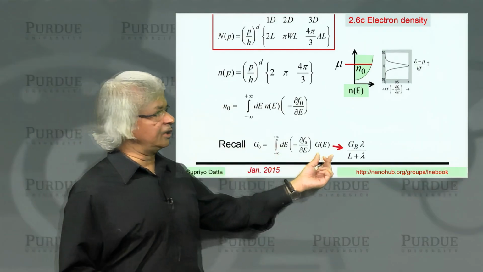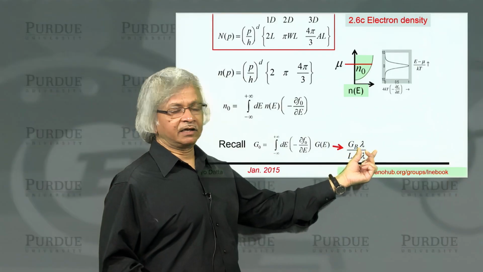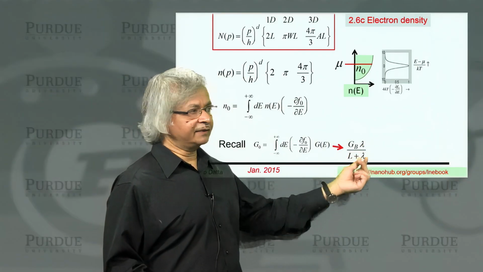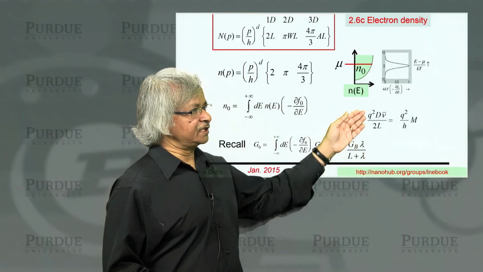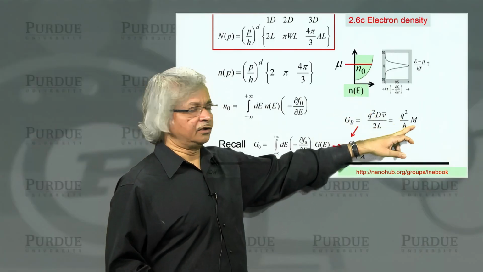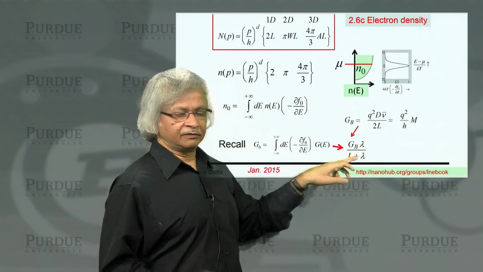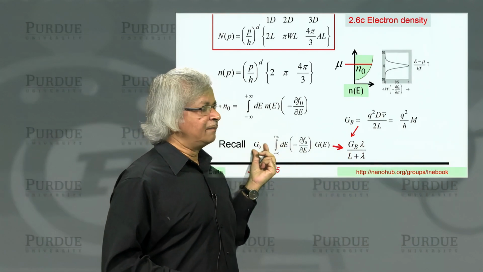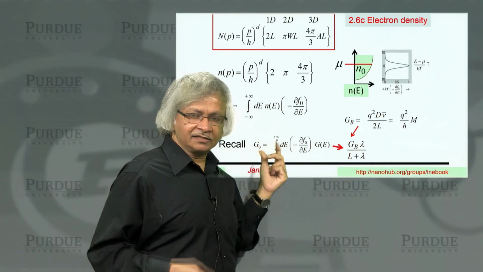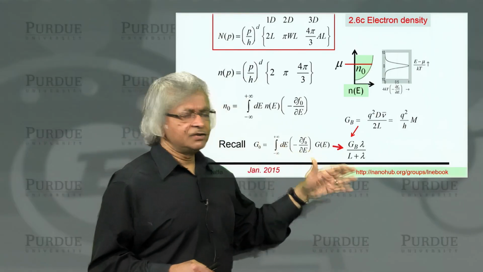And then this G of E is determined by the ballistic conductance and the mean free path. And the ballistic conductance itself has this expression of density of states times velocity, or the number of modes. These are all functions of energy. But finally, of course, if you want a measurable quantity like the conductance at a given temperature, you'll have to average. So same here now.